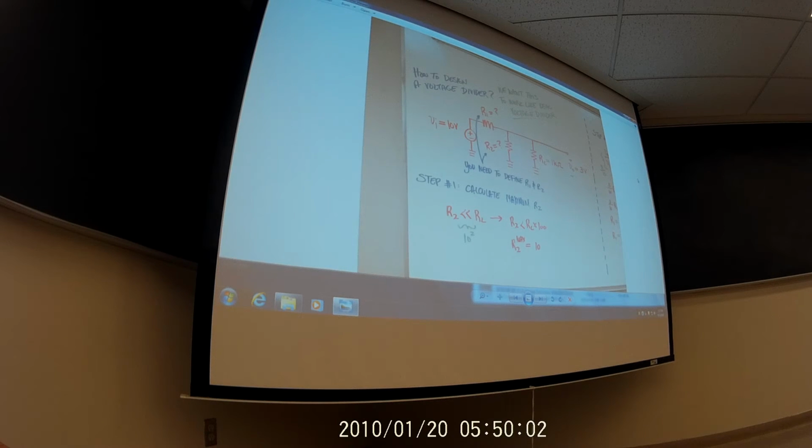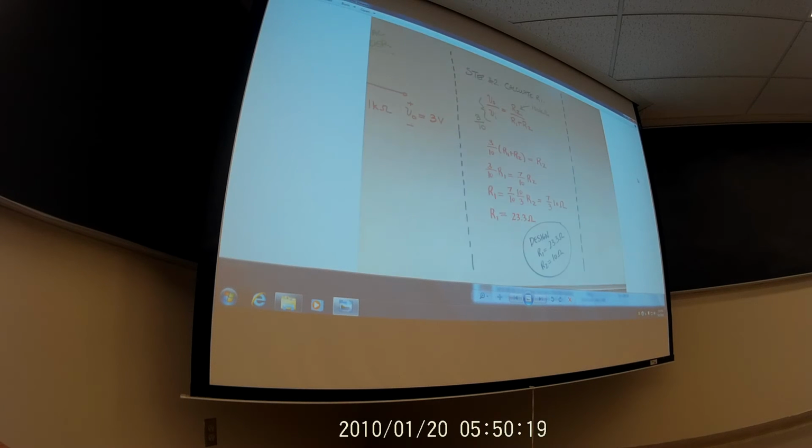And so that means that the maximum value, and this wouldn't work in our lab because I tell you not to use these small resistors, but for this example, we'll say it's okay, so you know that R2 at maximum has got to be 10 ohms. Then what you can do is work backwards using this expression. Because now that we've essentially satisfied our assumption, we can use R2 in place of R equivalent.